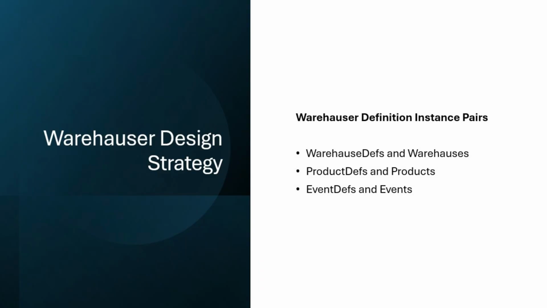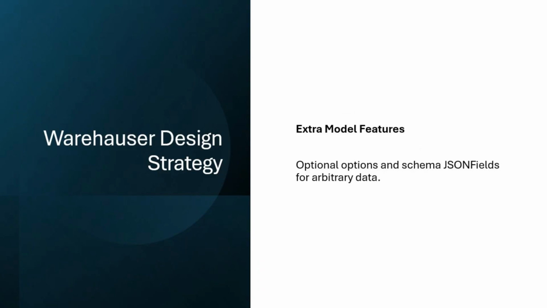Both definition and instance models provide an optional, searchable, and editable options JSON field for arbitrary data, as well as an optional schema JSON field for validating the options field value.